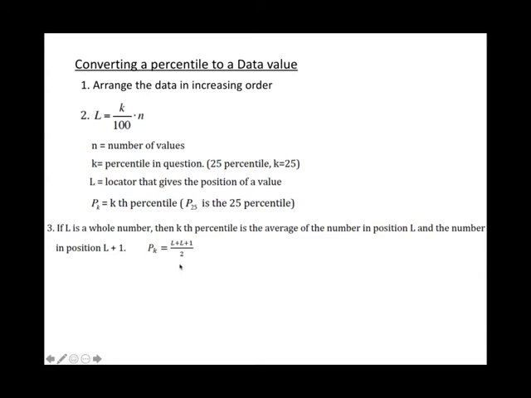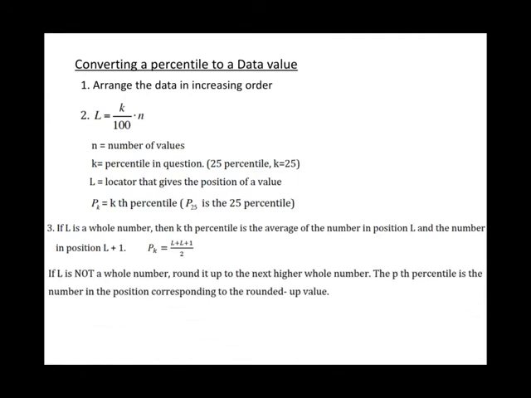For example, let's say you find L equals 10. 10 is a whole number, so you want to find the number in position 10 and the number in position 11. You always add 1 forward, 10 and 11. Then find the average of these two data. That will be your percentile.